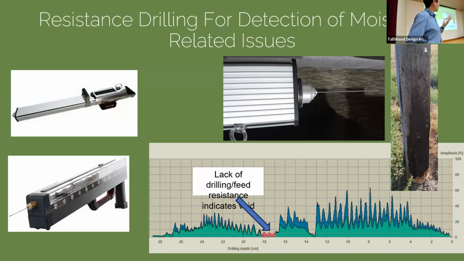One of the applications they use this a lot in is standing trees, but for wood commodities, they're using it for utility poles. Go into the pole and you get this regular pattern of early wood, late wood, early wood, late wood. And then if you have a void, you see a drop in resistance that is indicative of fungal decay, well, most of the time it's fungal decay in a pole.